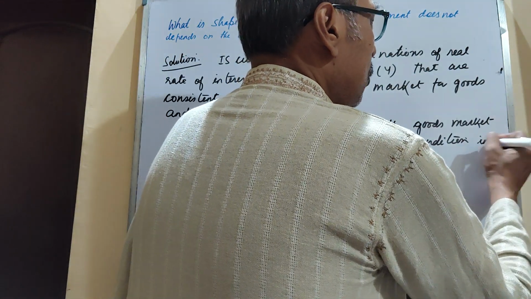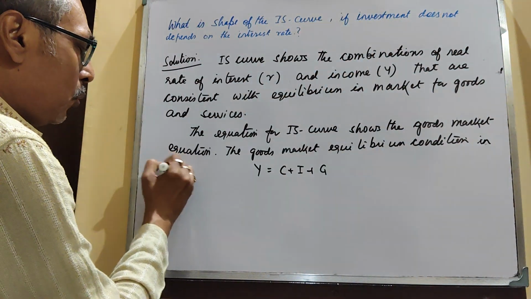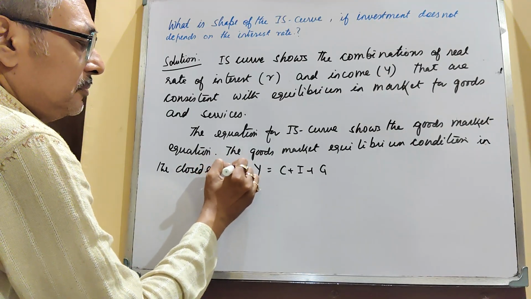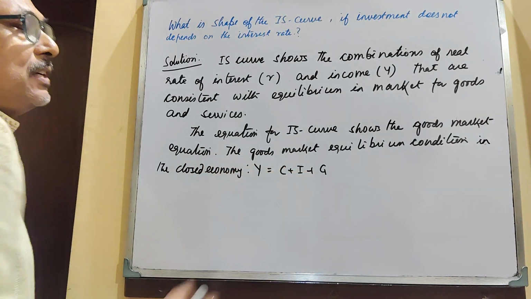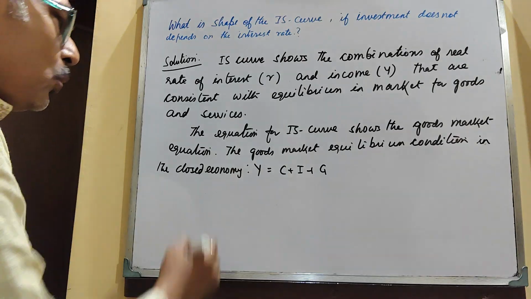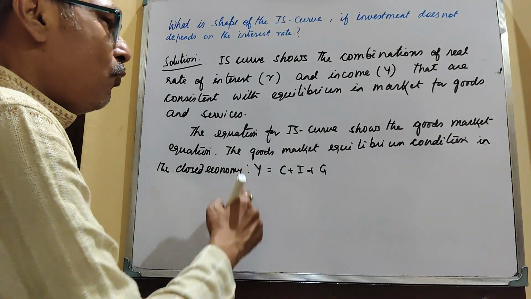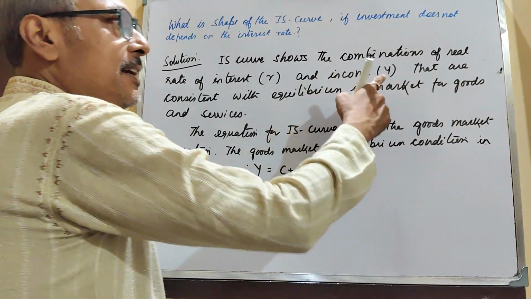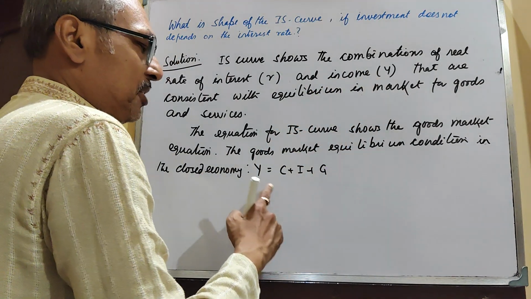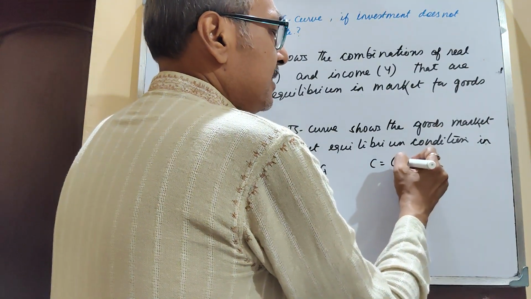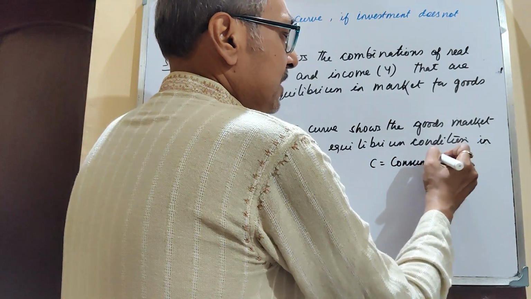I am considering a closed economy. In the closed economy, Y equals C plus I plus G. Closed economy means we are not considering export-import. What is Y? Y is income or GDP, real GDP.